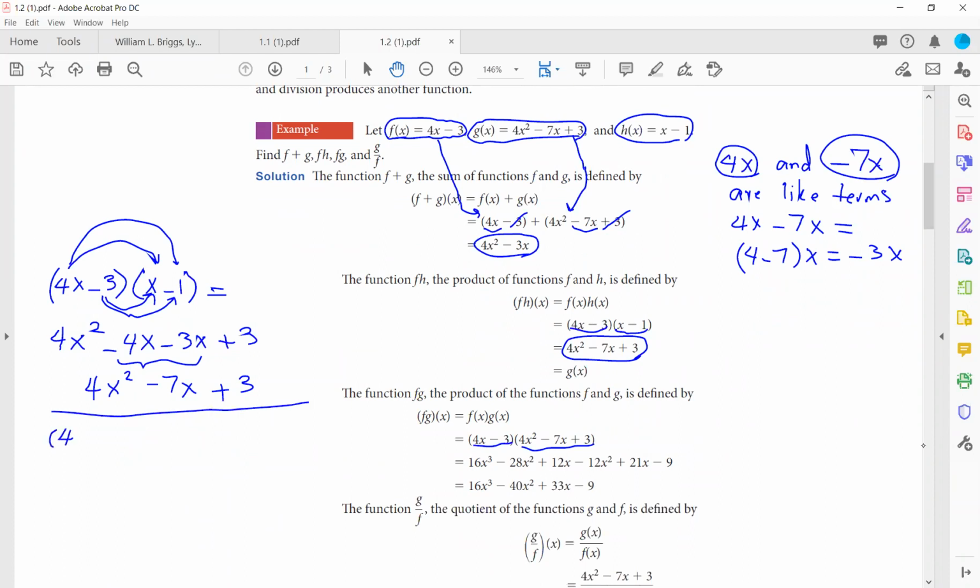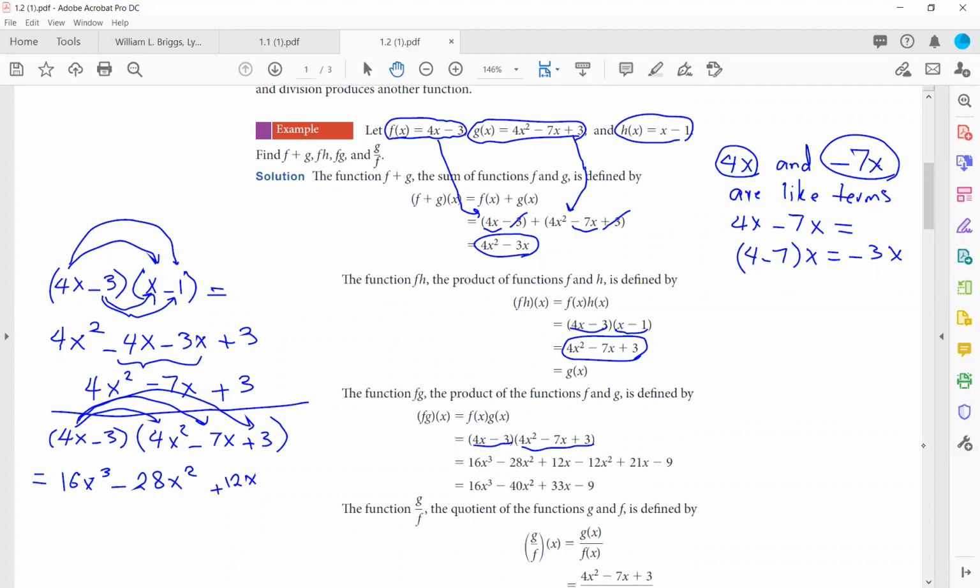We can use distribution, 4x minus 3 times 4x squared minus 7x plus 3. 4x times 4x squared, 16x cubed. 4x times negative 7x, minus 28x squared. 4x times 3, 12x. Now we distribute negative 3.